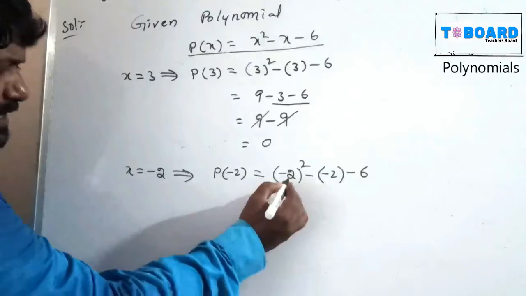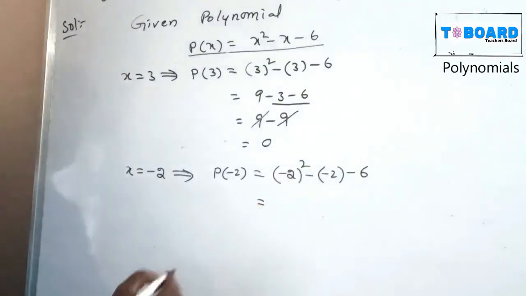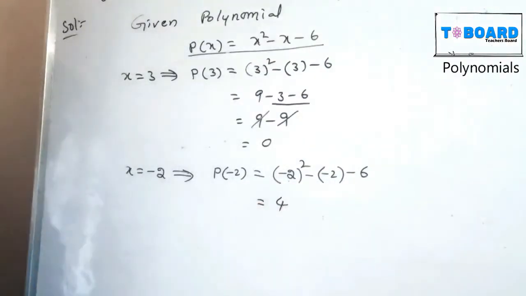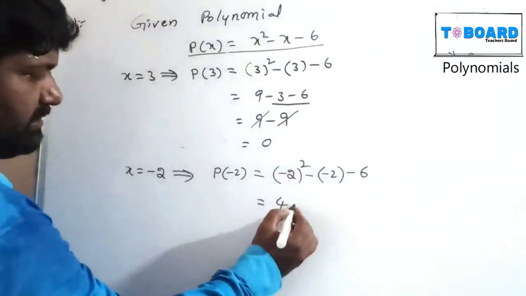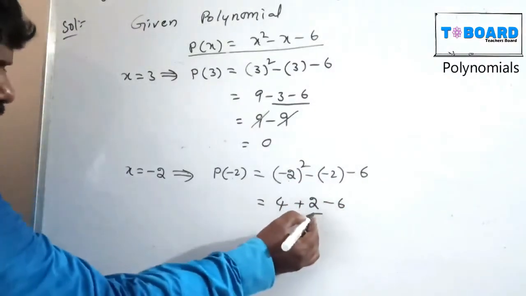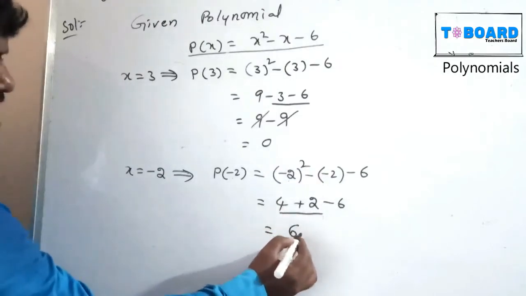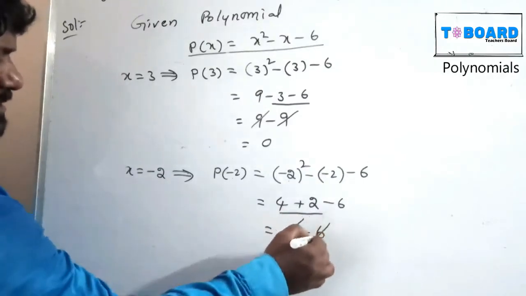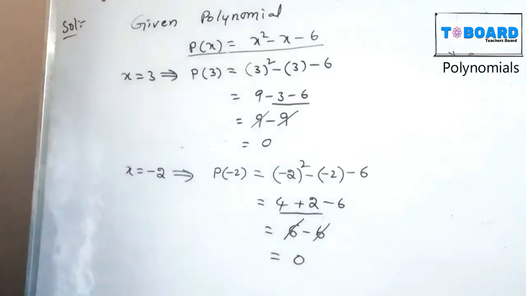Minus 2 whole square is minus 2 into minus 2, plus 4. Minus into minus is plus 2, minus 6. 4 plus 2, 6, minus 6, plus 6, minus 6, cancel, 0.